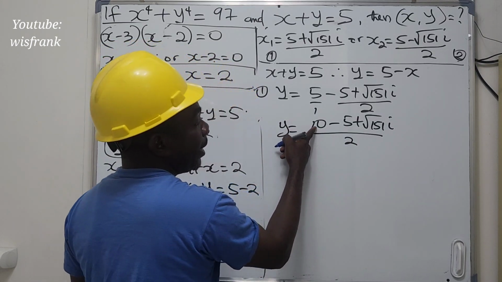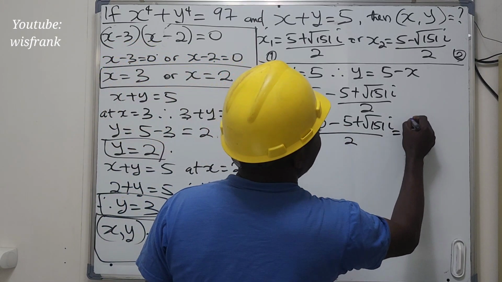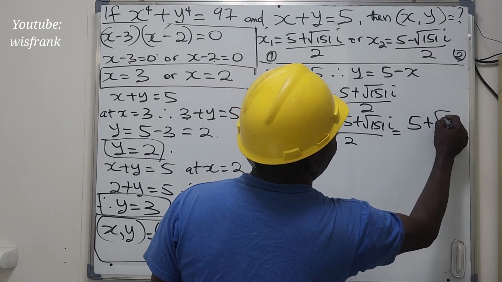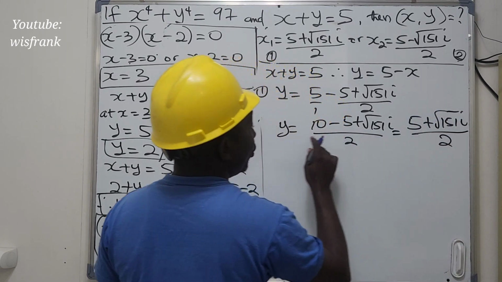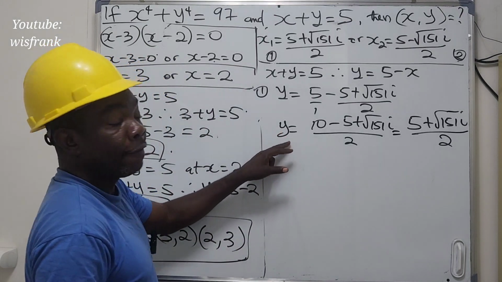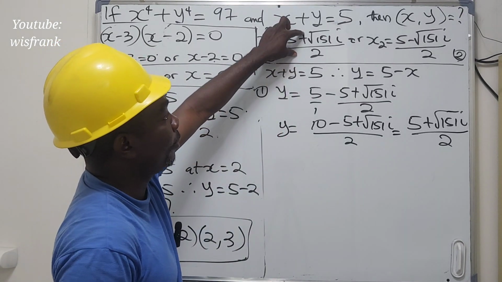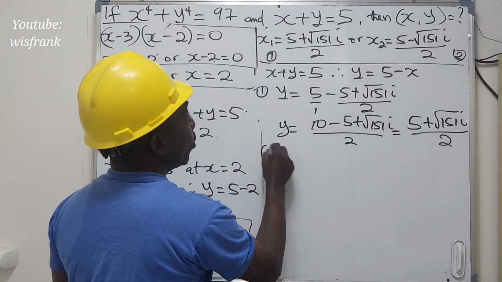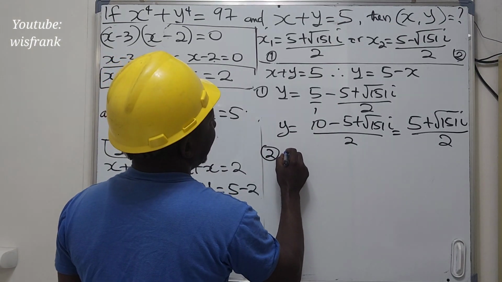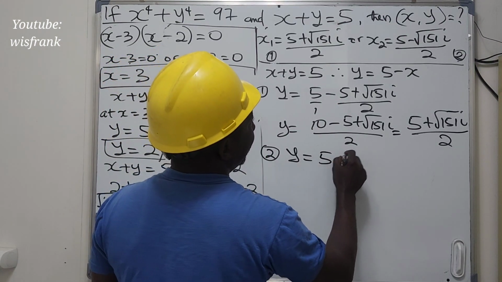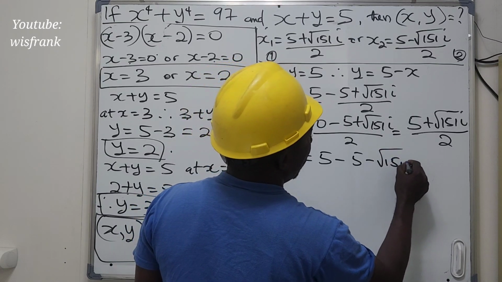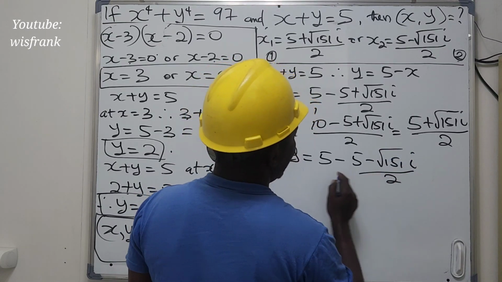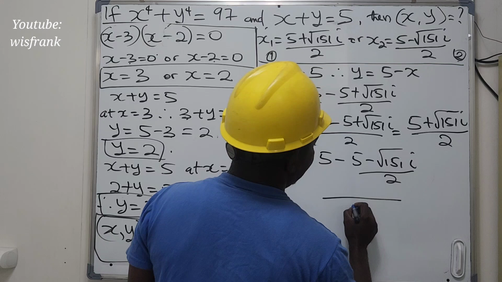You can see that 10 minus 5 is the same thing as having 5 plus root 151 i all over 2. So this is the first value of y from the first one. For the second one, we have y equals 5 minus, the second x is 5 minus root 151 i all over 2. Taking the LCM of these two, we have 2.